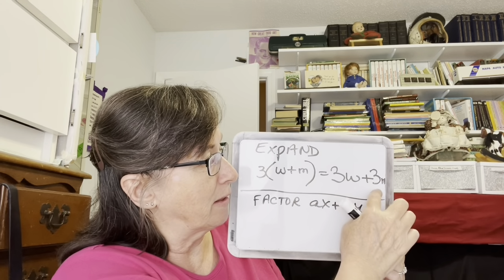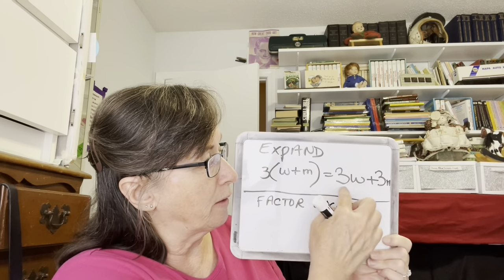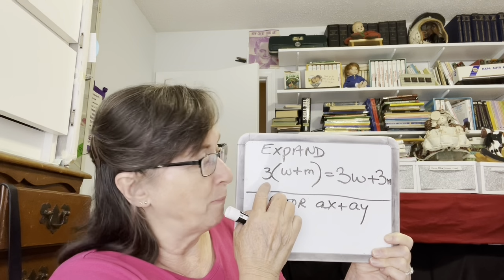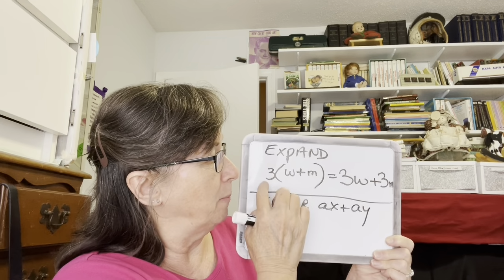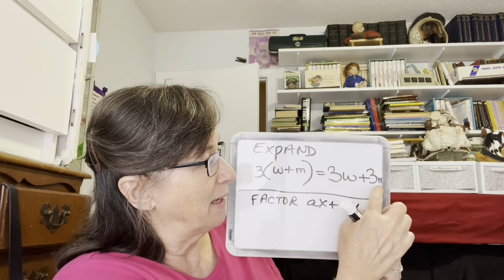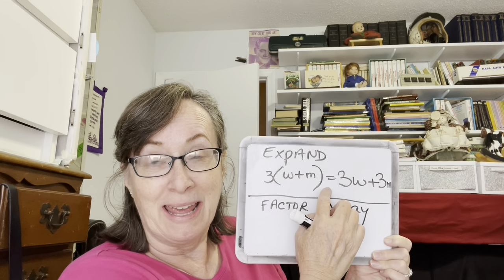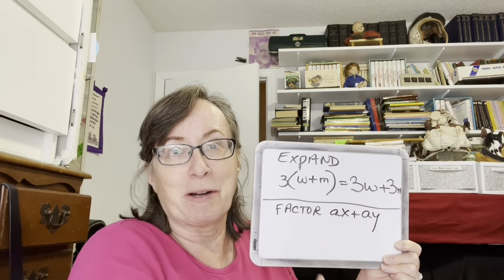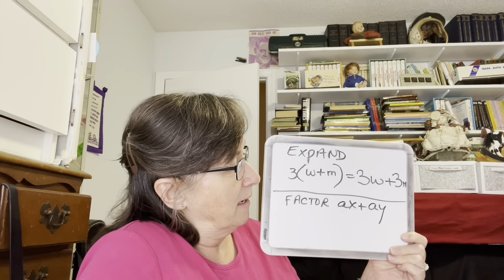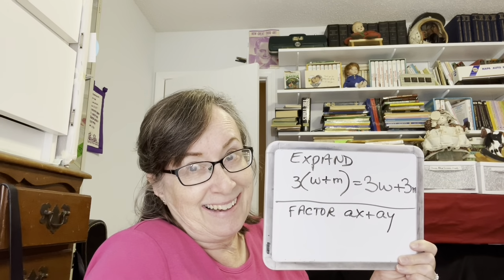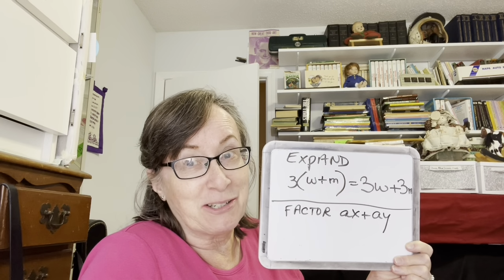And they both have a 3. So I would pull the 3 out to the front, and 3W divided by the 3 would give me the W, and 3M divided by the 3 would give me the M. Anytime I factor an expression that I just expanded, I should go back to where I started.